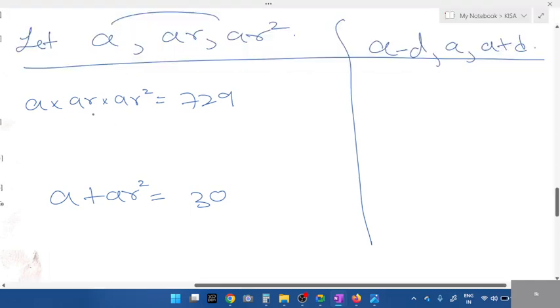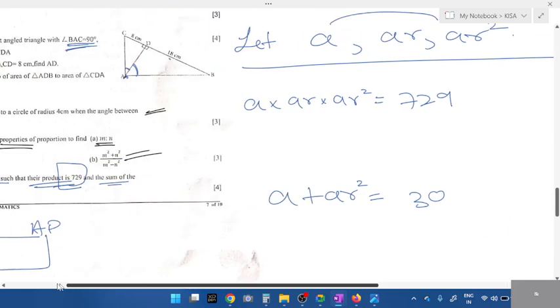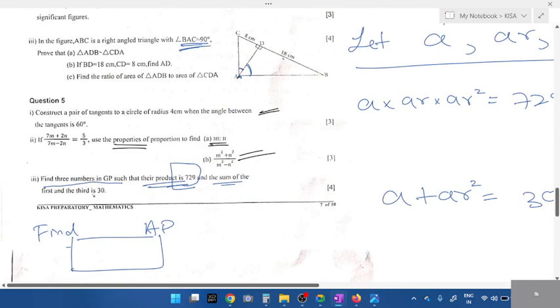Next, when you multiply, what do you get? All of you will respond. The first and third number is given, the sum is A plus AR square. If you take A common, 1 plus R square.